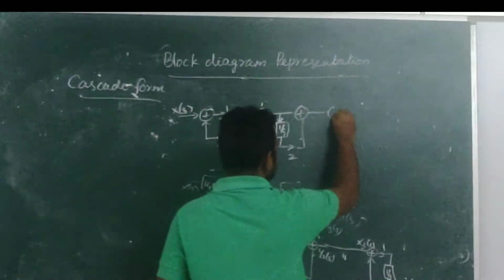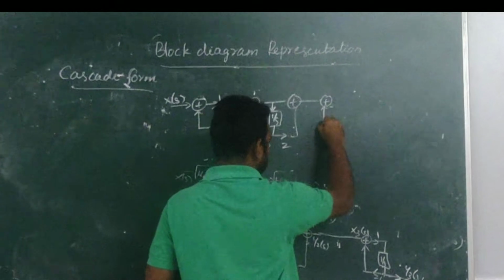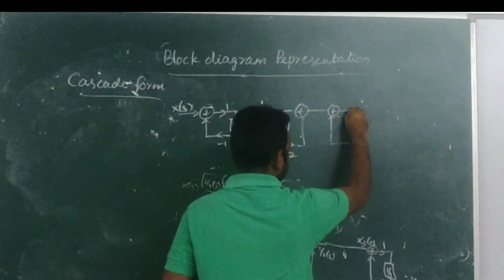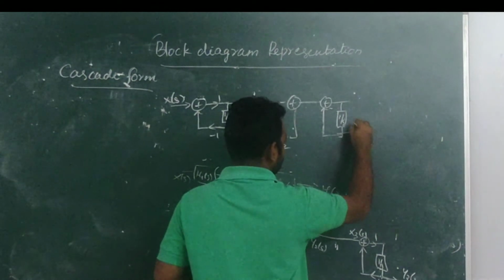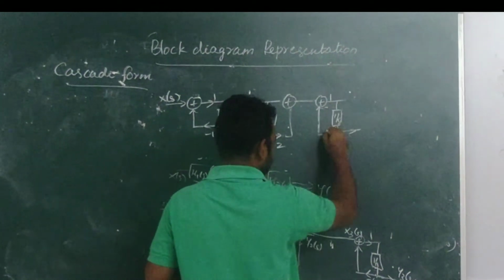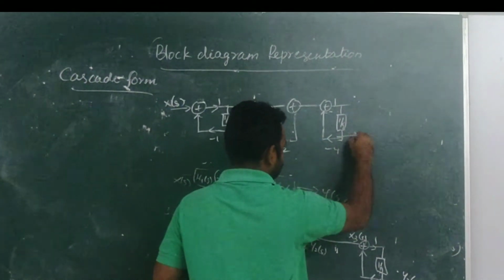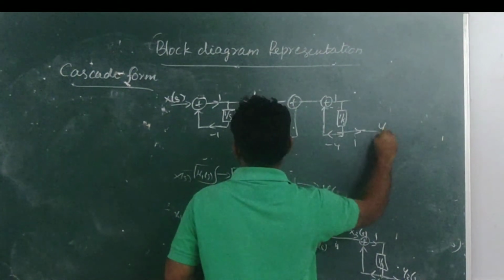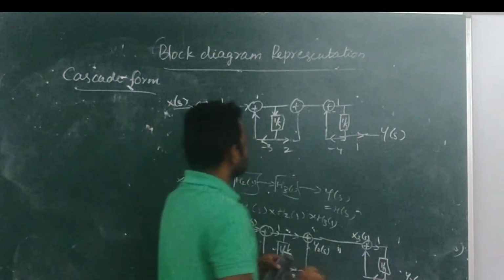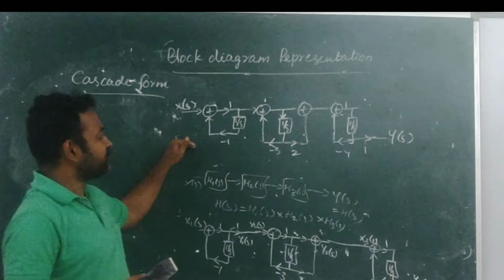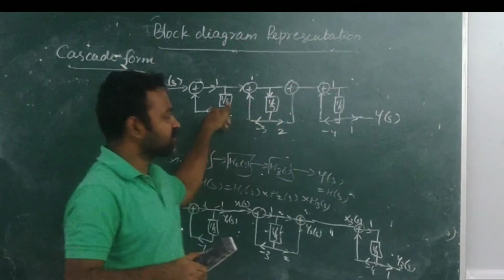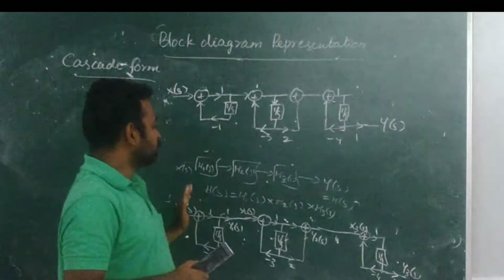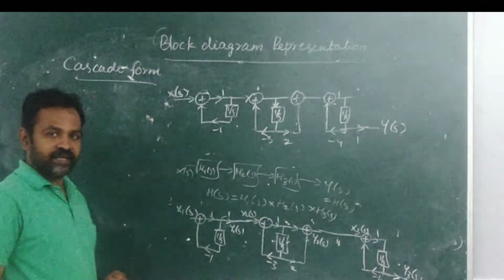Now we are connecting the second and third. So this is the overall system H of s: H1 of s, H2 of s, H3 of s. All the things are serially connected. So this is about the cascade realization.